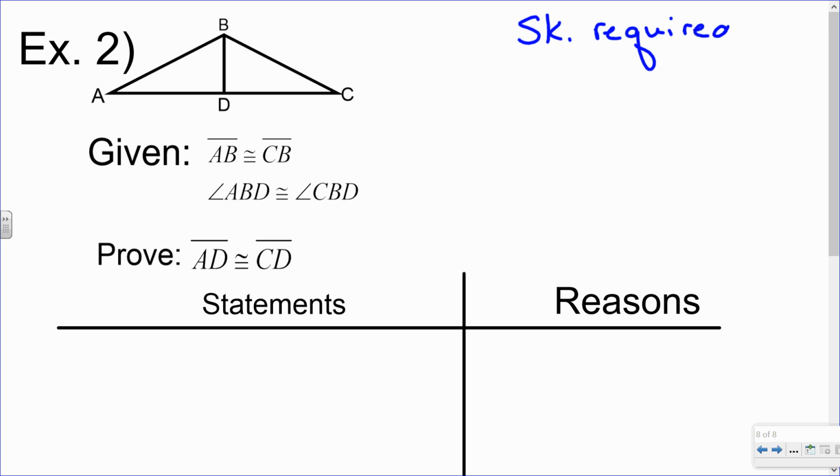So yes, it's small to fit it in the box on your problem set, but draw a little sketch so you can label things as you put them in your proof, whether they're givens or things that you figure out. So we are going to start off with AB is congruent to CB. That is given. And I will label those on my picture.